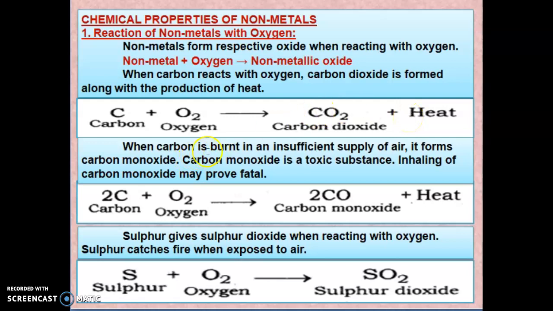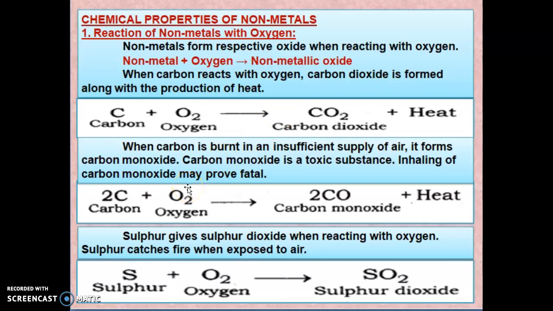When carbon is burnt in an insufficient supply of air, it forms carbon monoxide, and carbon monoxide is a toxic substance; inhaling carbon monoxide may prove fatal. So this is the complete burning of carbon, which gives carbon dioxide.